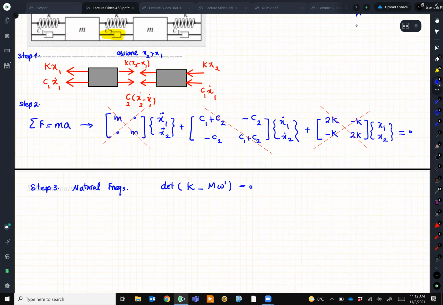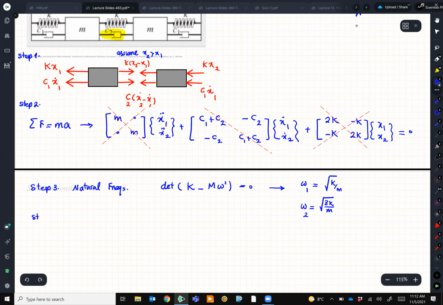So we'll solve that, and the result would be omega equal to square root of K over M and omega equal to square root of 3K over M. As a convention, we sort them from small to large, and we call them the low frequency and the higher frequency. If you have more, it is a similar manner. So omega 1 and omega 2.